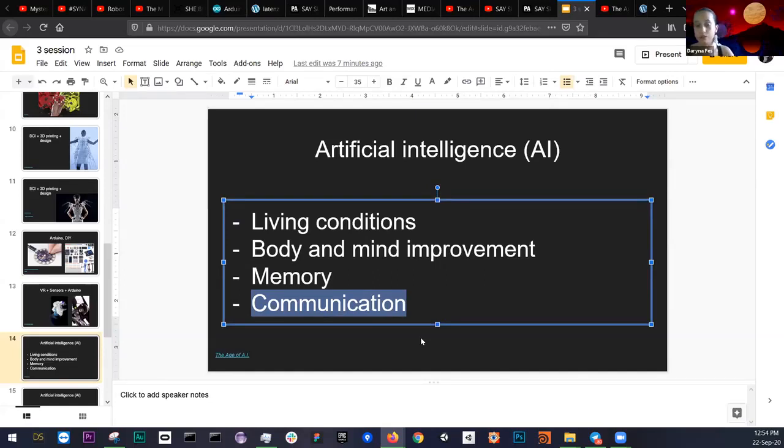We need to talk, for example, when we want to buy something, or in communication with psychologists: you can talk to a real person, but there are also some bots you can talk to. So this is a merge and change of speaking to a real and not real person.